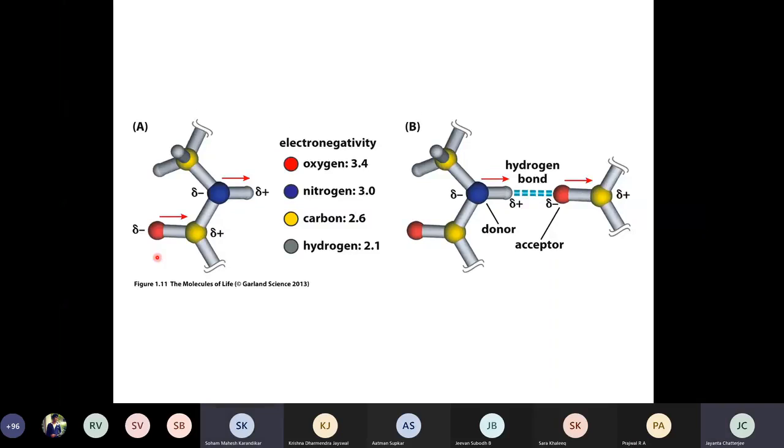I believe that if you have 3 points and they are collinear, they would be in a plane anyway, isn't it? Yes, yes. Yeah.